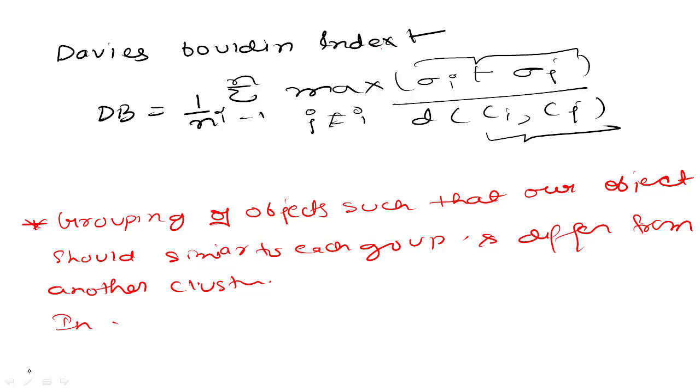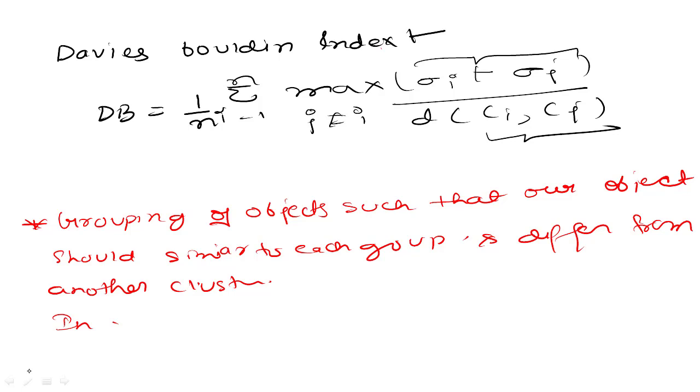In inter we have the distance across all the clusters, and that's why we need it to be maximum, and in intra our points within the cluster should be at minimum distance, meaning more similar to each other than to the other clusters. That's the basic intuition about clustering.